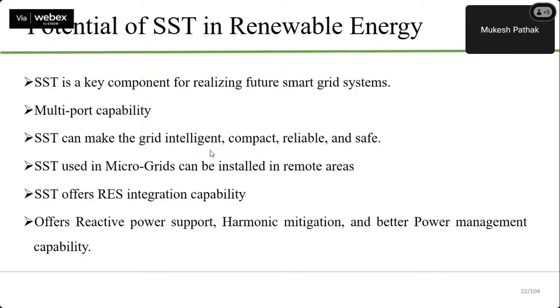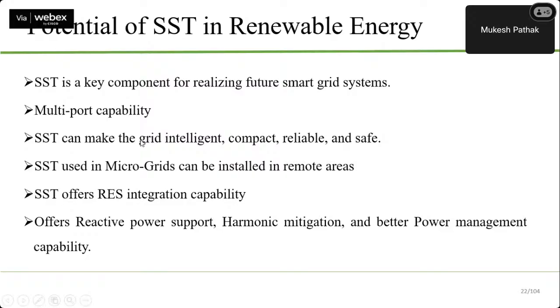SST can be used in microgrids or in areas where transportation is difficult, because you can transport these small-size SSTs very easily. As we discussed, SST is a very good solution for renewable integration, and it will also offer reactive power support, because there are power electronics converters.